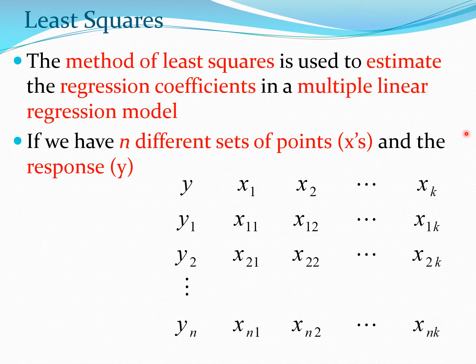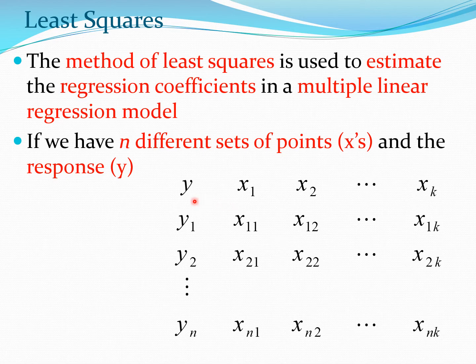So the method of least squares is used to find the regression coefficients in a multiple linear regression model, which we have discussed in the previous slide. Now, how you do this is that you generate data. And essentially, if you recall, we had these points x1, x2 to xk, which are the data points which go into the model.